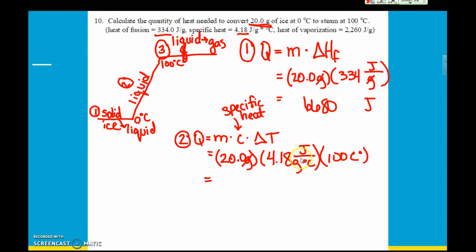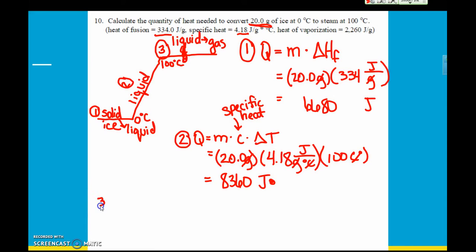And so cancel out all the units that you can. You know you're doing it right if you get joules for your unit that's left over. 20 times 4.18 times 100 is 8,360 joules.